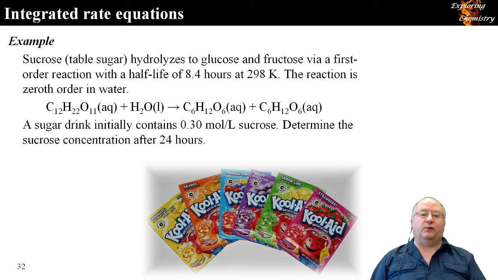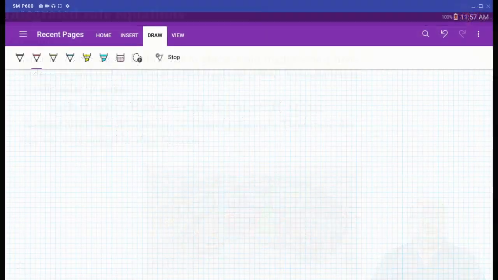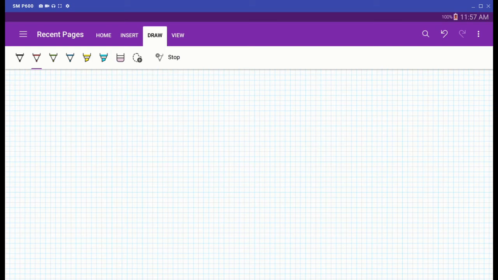And you start off with a sugar drink containing about 0.3 moles per liter of sucrose. What is the sucrose concentration remaining after 24 hours? That's what we're asked to calculate here. So you are told that this is a first order process.